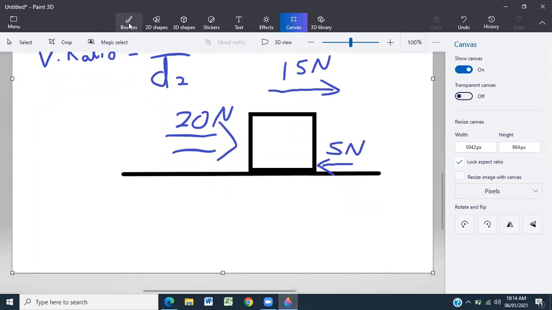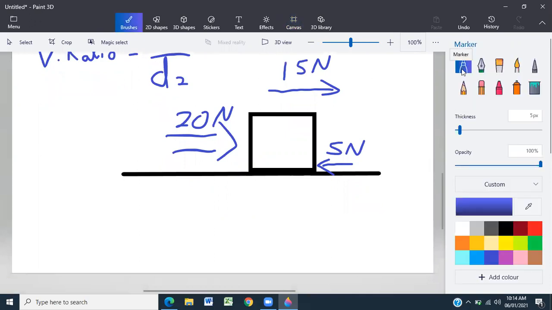Now, how we would describe that in terms of efficiency is saying that, okay, let's say efficiency is how much of the work we put in is translated into actual useful work, the work that actually moves this box and is not going into overcoming friction. Efficiency is equal to the useful work we get out of the system over the work we put into the system.